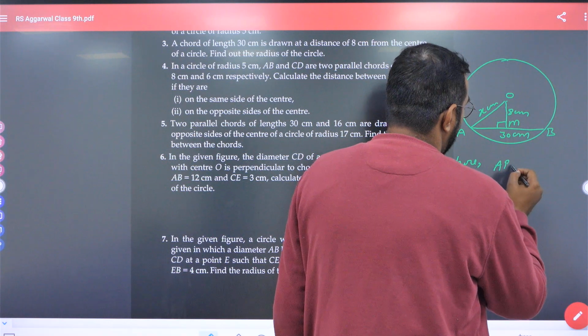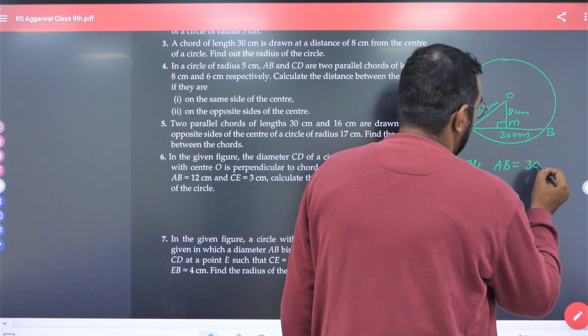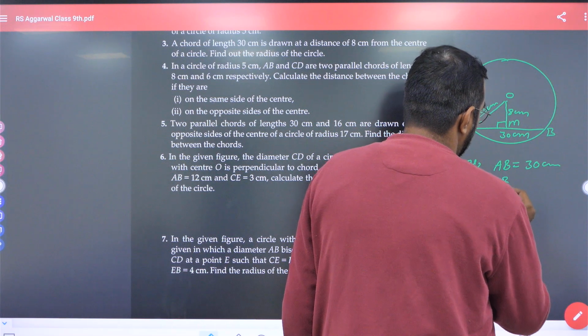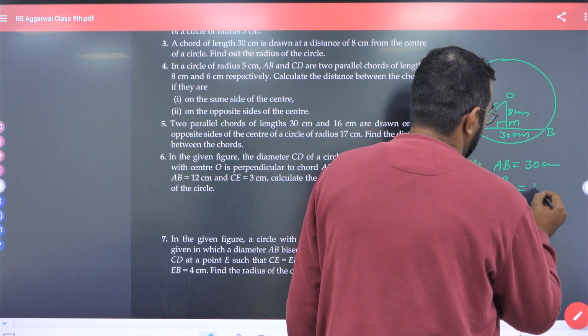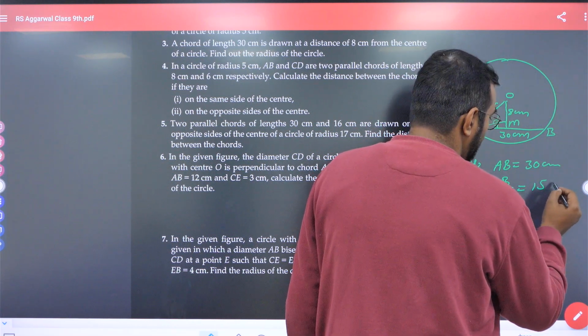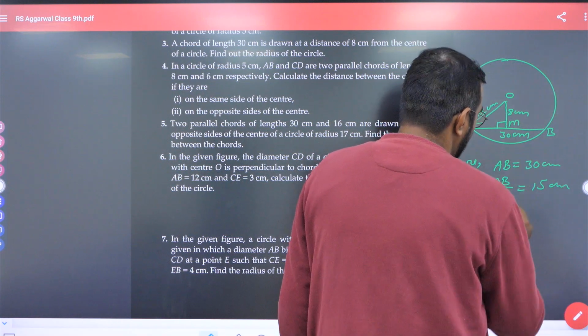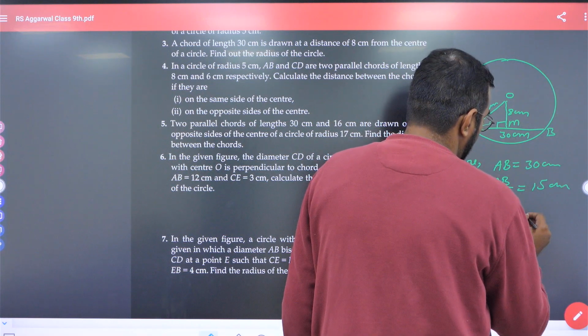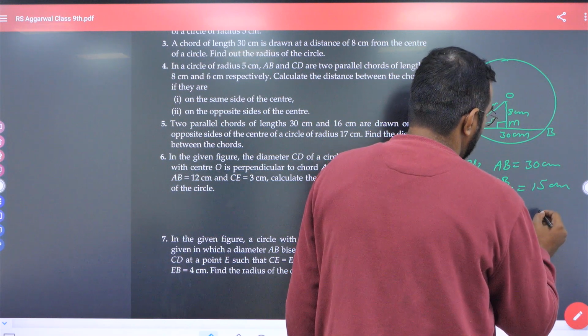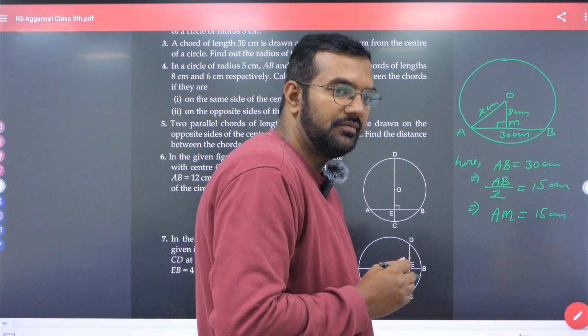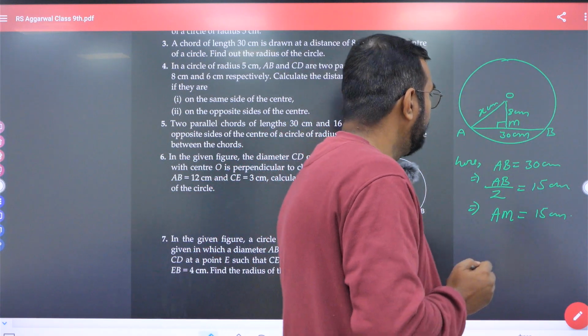AB is equals to 30 centimeter. Half AB is equals to half of 30, means 15 centimeter. And we can replace half AB by AM. AM is equals to 15 centimeter, right? Why we are doing this?